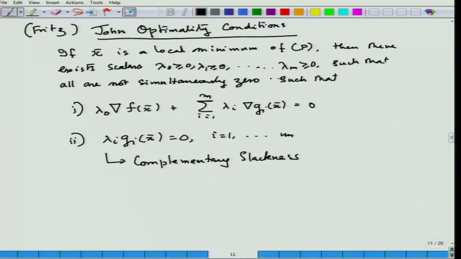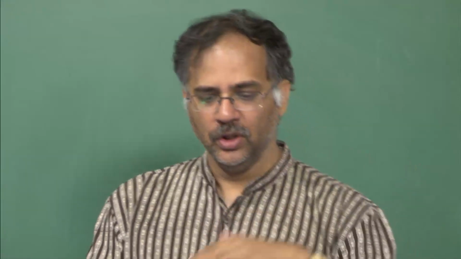So, if g_i(x bar) is strictly less than 0, lambda_i would be 0. But if g_i(x bar) is equal to 0, lambda_i can be equal to 0. All these constraints where g_i(x bar) is strictly less than 0 are called inactive constraints, because lambda_i is equal to 0.